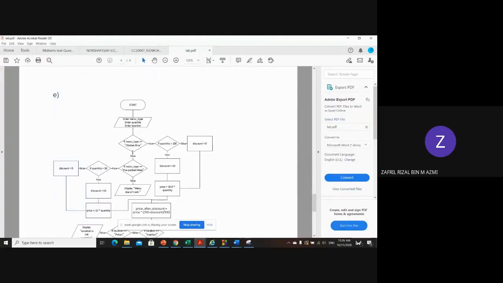So 2 conditions, it is either chicken rice or pre-packed meal. So 2 conditions minus 1, then you need to use only one decision symbol. So it should be only one symbol over here. There's no this symbol, so this symbol you can remove.